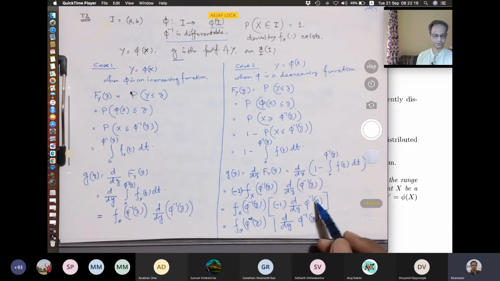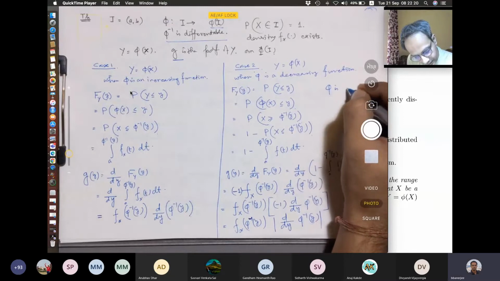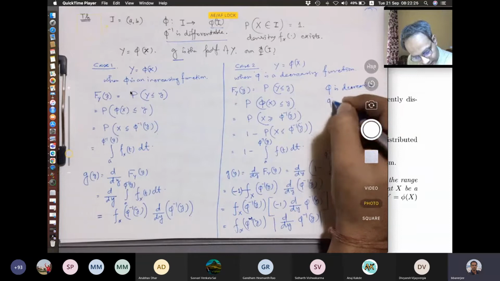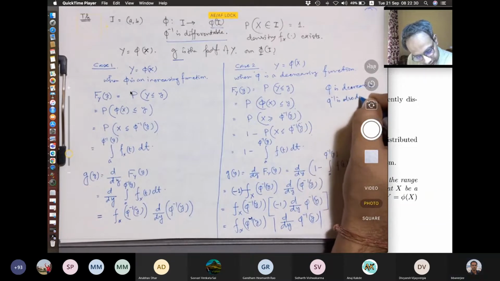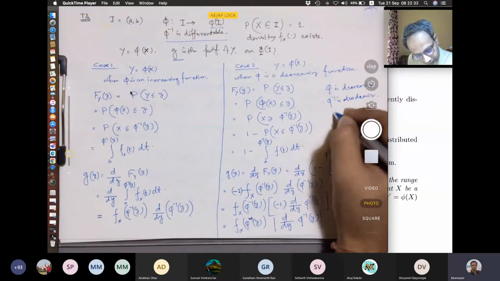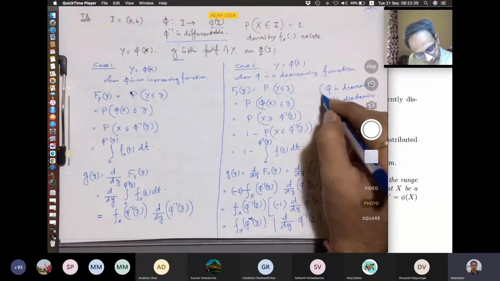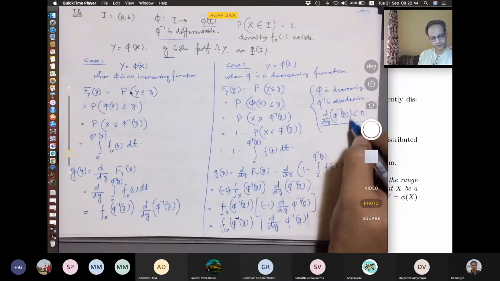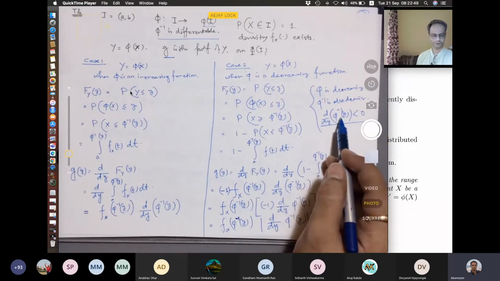Check from here to here. Phi is decreasing, then phi inverse is also decreasing. So d/dy of phi inverse y is less than 0. This is a decreasing function, negative valued.